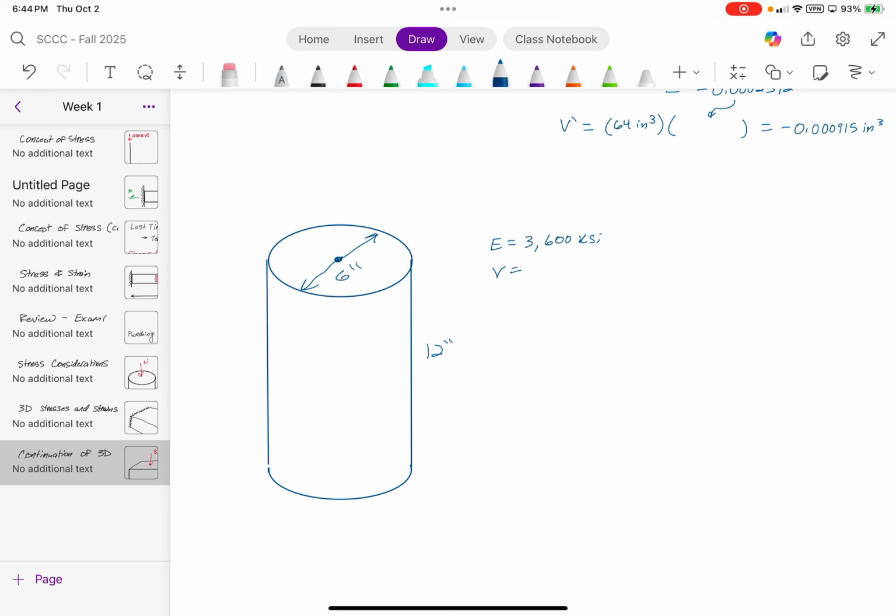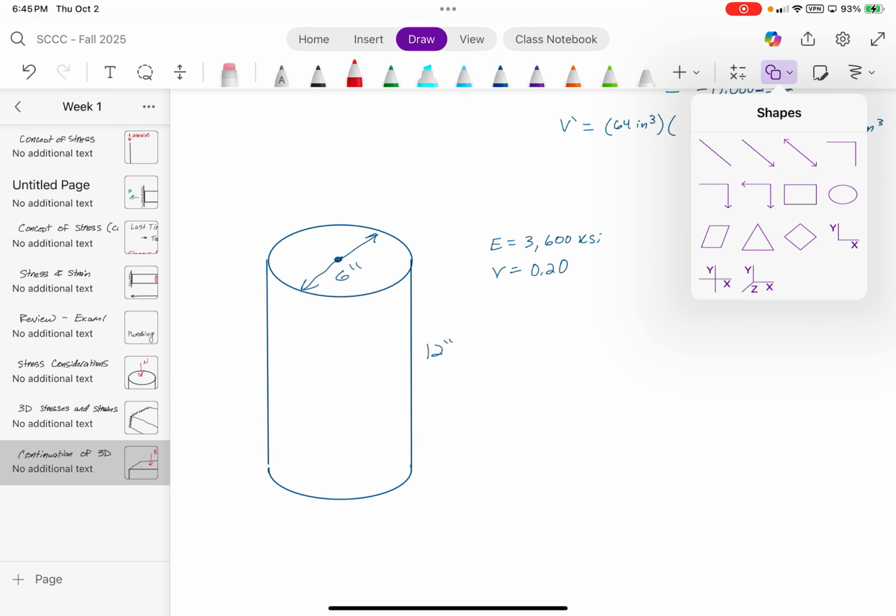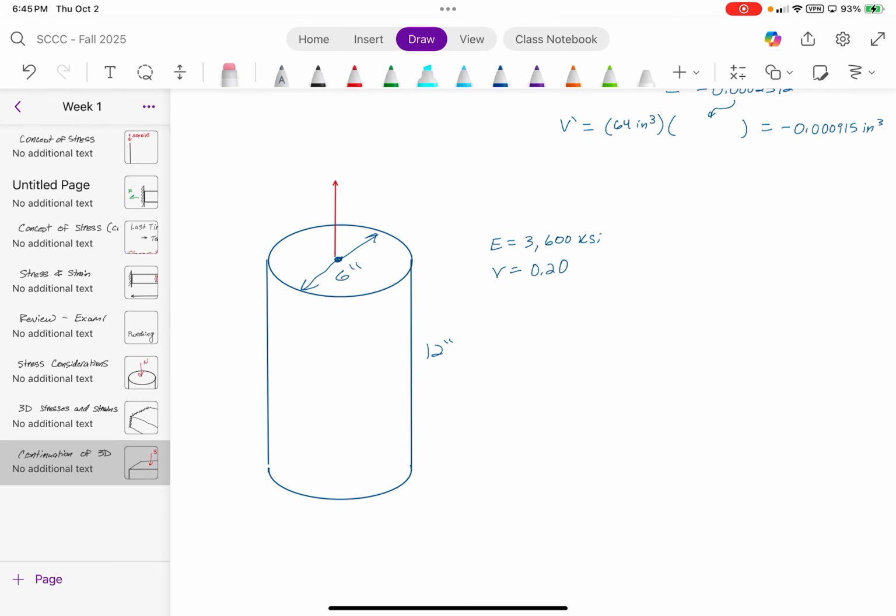But the Poisson's ratio for concrete, this is a good thing to note, is generally specified in codes to be around 0.20. Now, the last thing is I want to give you guys a force of around 10 kips.